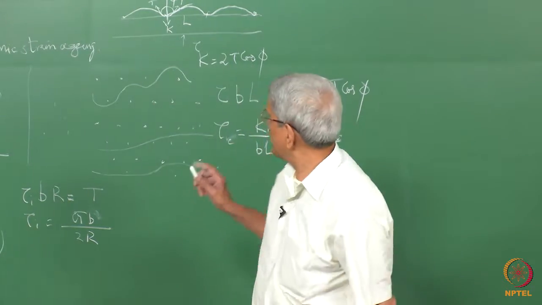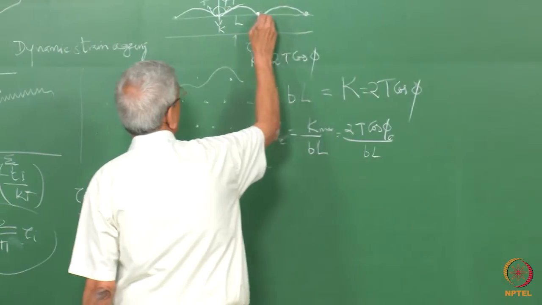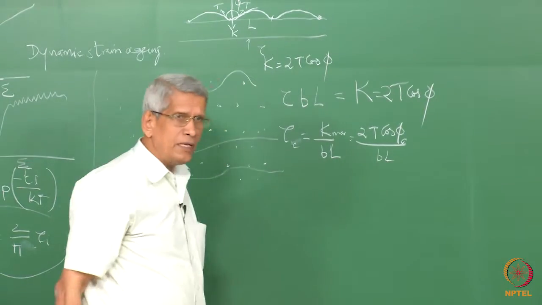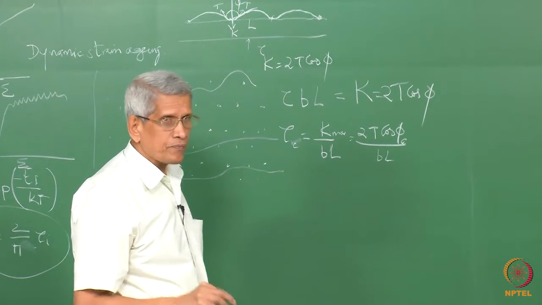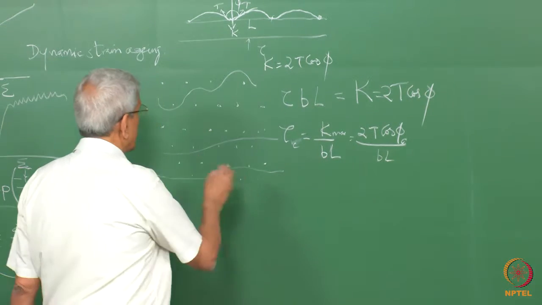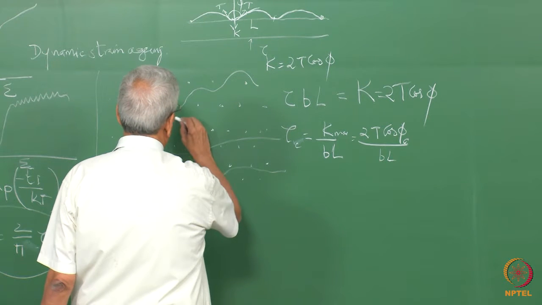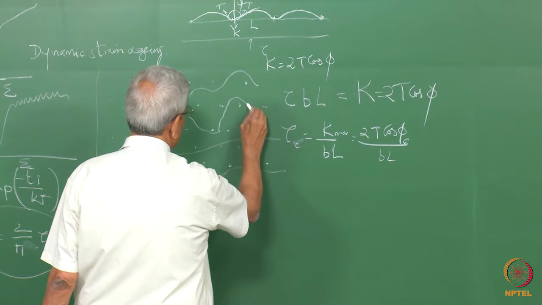Another factor which has to be taken into account is that here we have taken L with the particles arranged like this. But normally, whenever a deformation takes place, quite often in these regions, as you can see, the dislocations may be going like this.